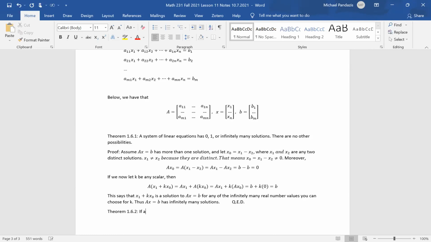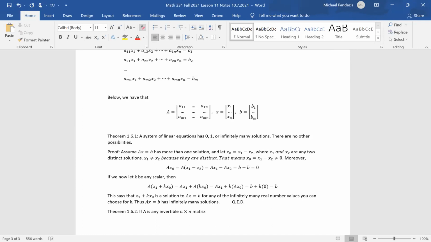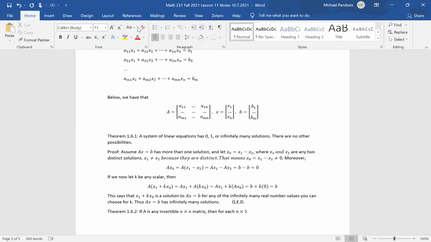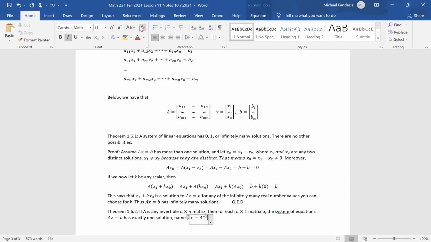That theorem says if capital A is any invertible n by n matrix, then for each n by 1 matrix B, the system of equations ax equals b has exactly one solution, namely x equals a inverse b.